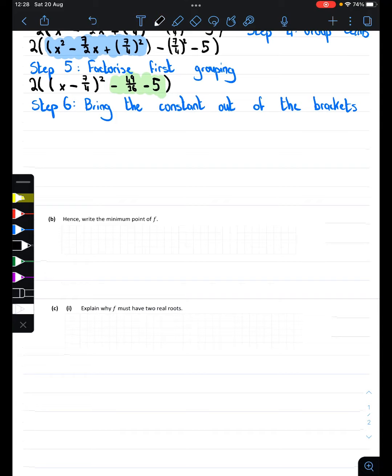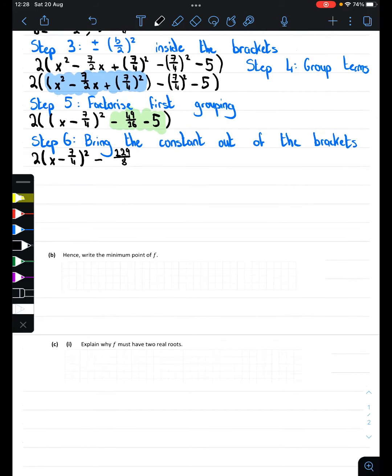We'll just add those two together and then multiply them by 2. So we'll end up with 2 times (x minus 7 over 4) squared minus 49 over 16 plus 5, which is 129 by 2, which is 129 over 8. And you could just do this with your calculator.